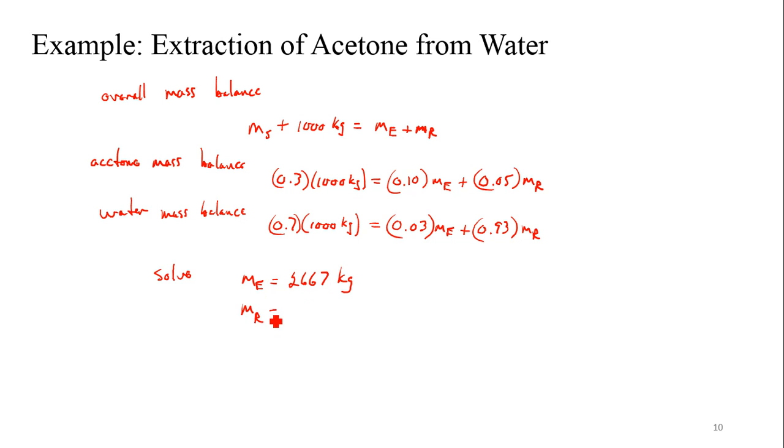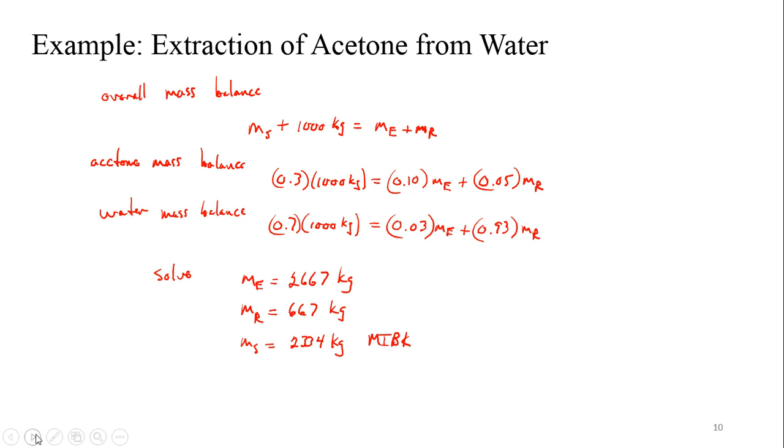The mass of the raffinate phase is 667 kilograms, and the mass of the solvent, which is our MIBK, coming in is 2,334 kilograms MIBK. So, questions about this? Again, it's highly dependent upon us reading phase diagrams appropriately and being able to do that.